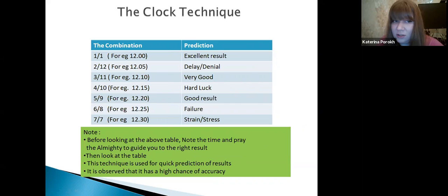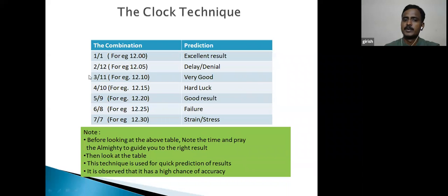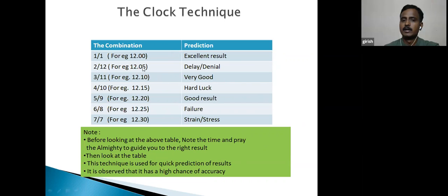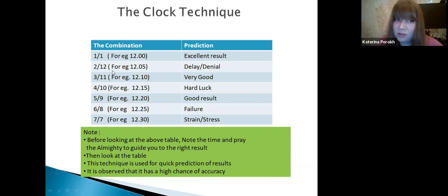And 12:50 will become 11 and 3 combination. And 12:55 will become a 12 and 2.